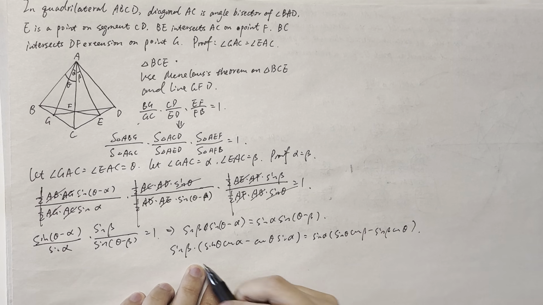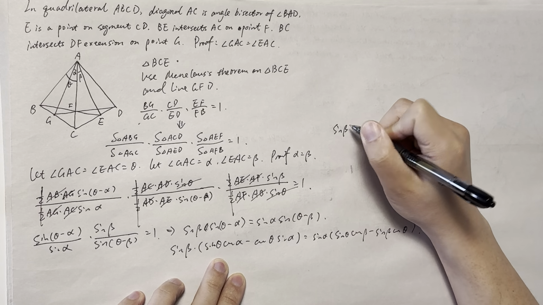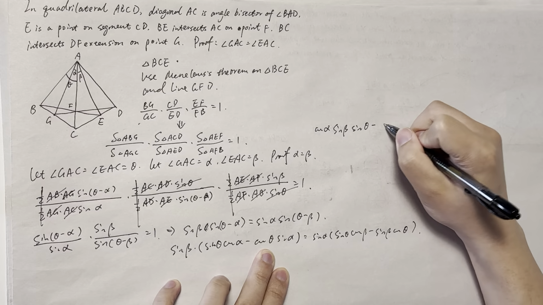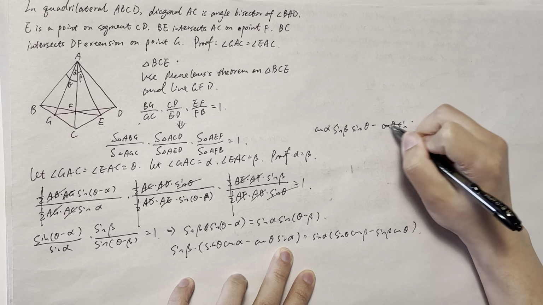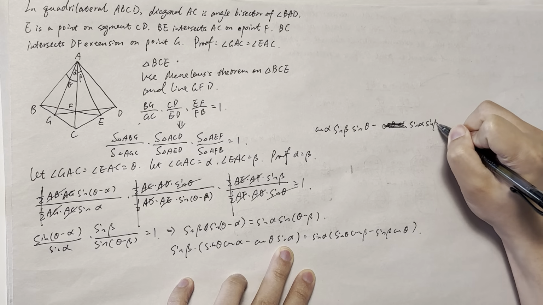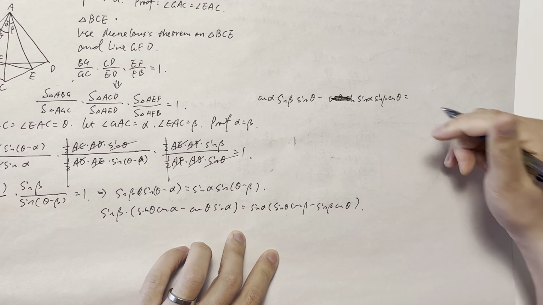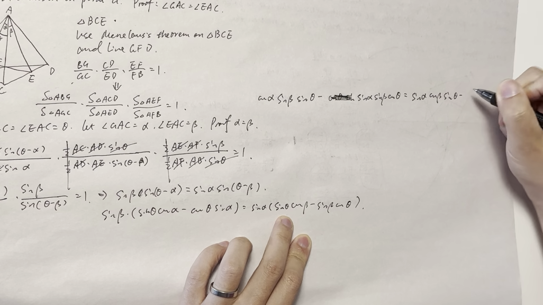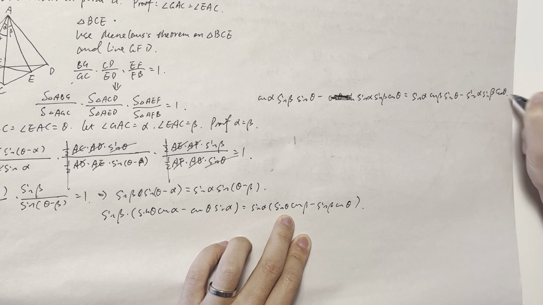Let me write it in order. So the first term would be cosine alpha sine beta sine theta minus sine alpha sine beta cosine theta, equals sine alpha cosine beta sine theta minus sine alpha sine beta cosine theta, right?